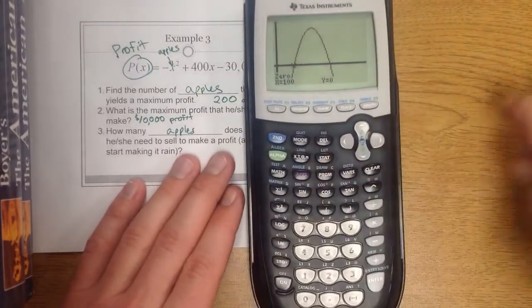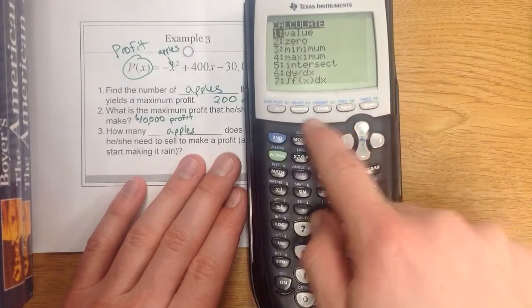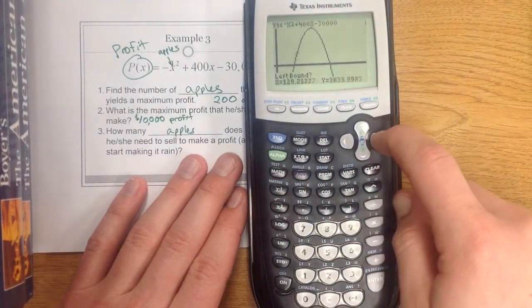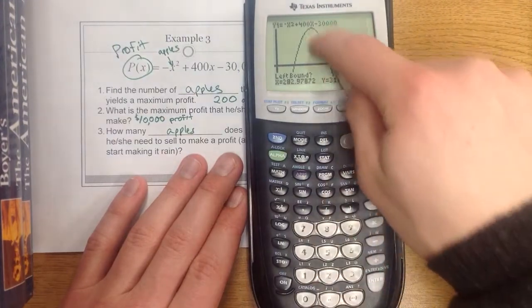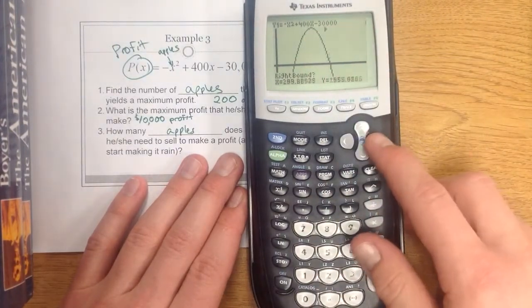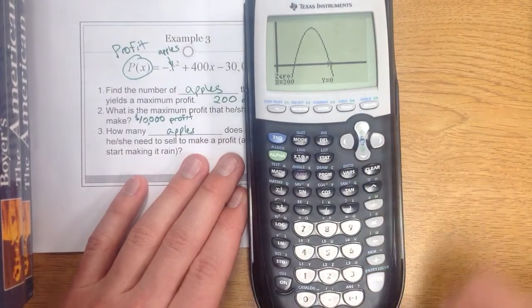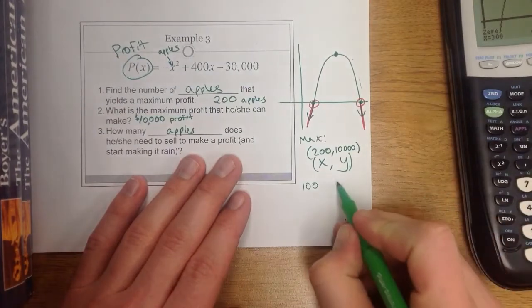And then for my other one, I do the same on the other side. Second, calc, and then 0. Not the number 0, but the choice that says 0. And it says left bound. Well, this time, my left side is above. And then I go down here, and back here, hit enter, and I get 300. So 300 is my other one.